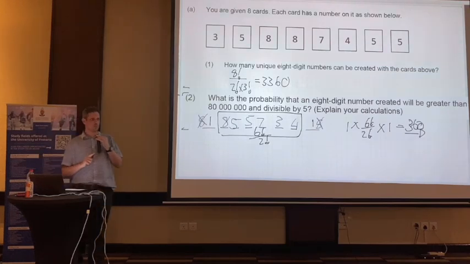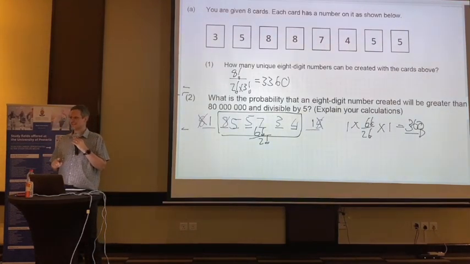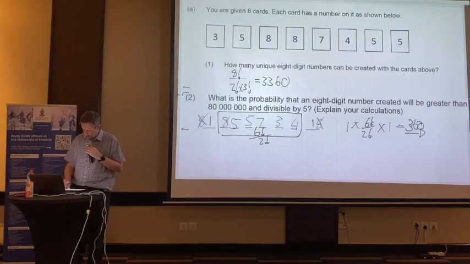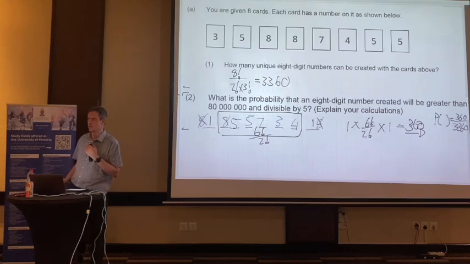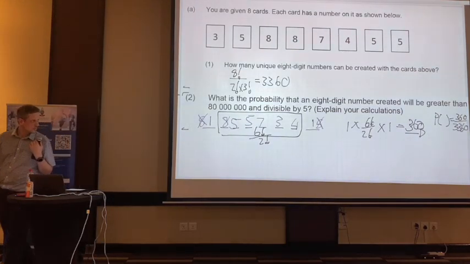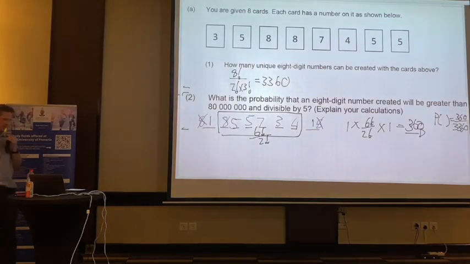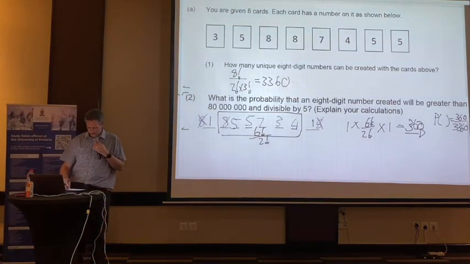But that's not the question, please be careful. What is the question? Probability. So in other words, to convert this to a probability, 360 over 3360. Okay? Everyone alright with that? You can calculate that. You guys are clever enough to do it.